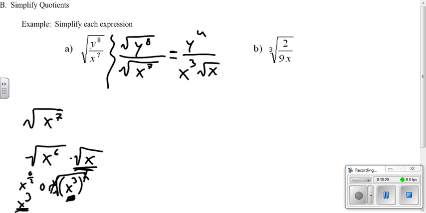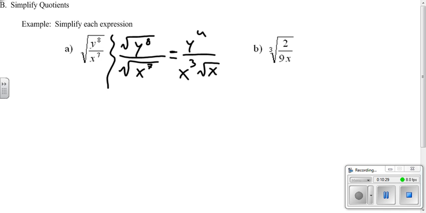We're not finished at this point, though, because remember, we don't like having the radicals in our denominator. So if we want to get rid of a radical in the denominator, we're going to do a similar process to what we would do for finding a common denominator if we wanted to add or subtract fractions. Remember, we always just multiply by a form of 1.